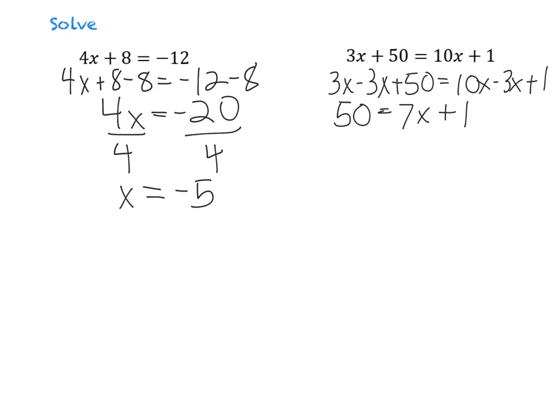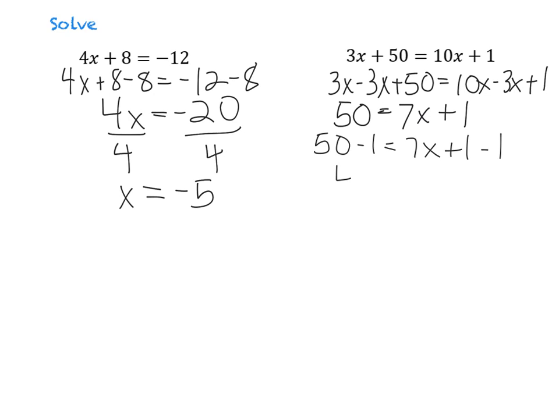So I need to isolate x as always, and to do so I'm going to have to subtract 1 from both sides, so I can get rid of this one that's here on the right-hand side. So if I subtract 1 from both sides, I get 50 minus 1 equals 7x plus 1 minus 1.